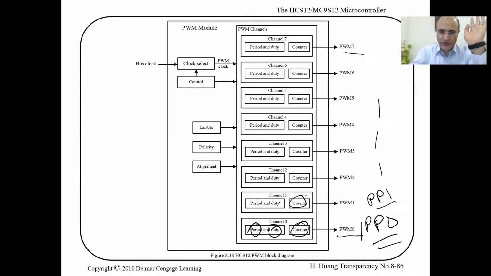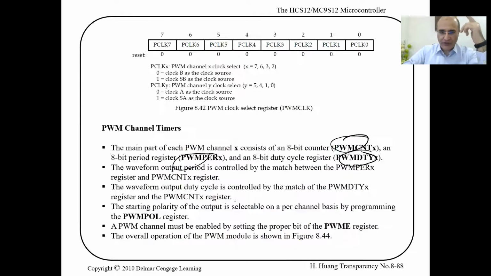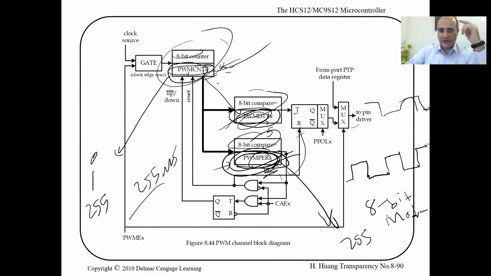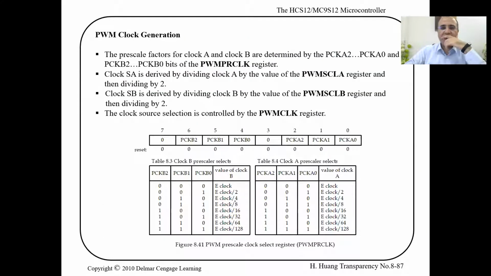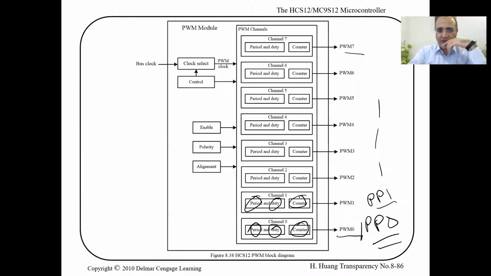Every one has its own counter, its own duty register, its own period register. And they all work together according to this block. The counter here is controlled through a clock source, that is a sub of the bus clock, but we can scale it down further even.